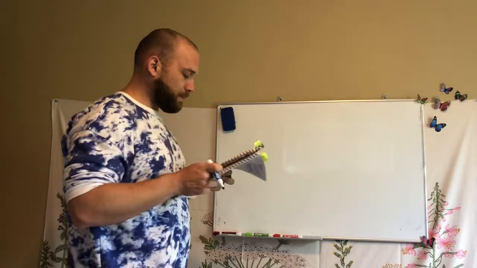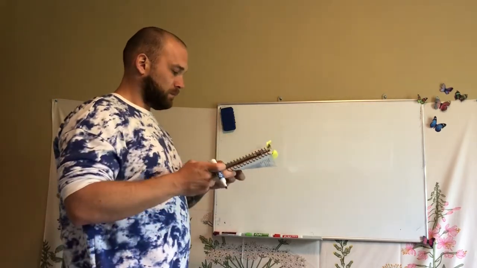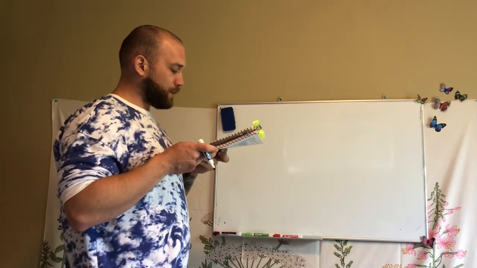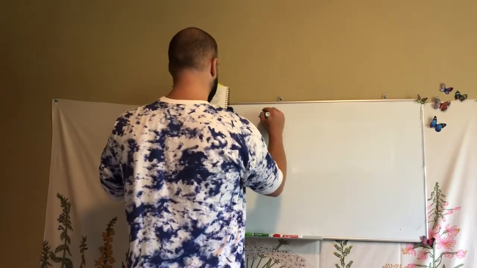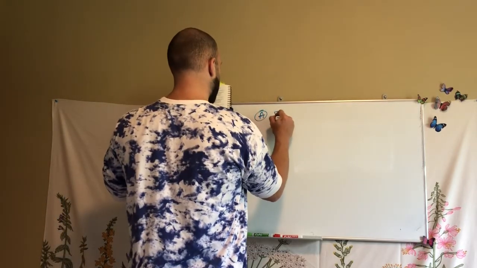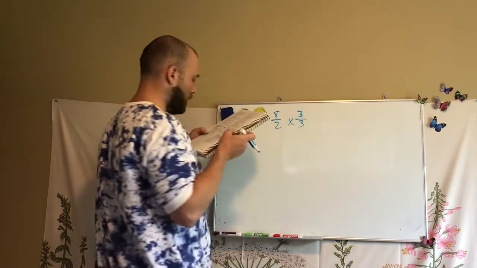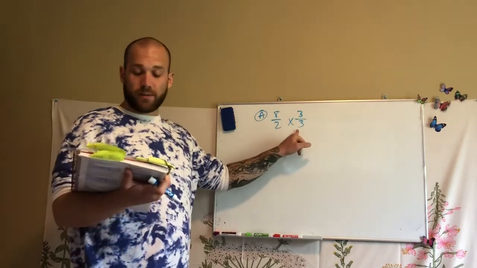All right, find part 3 in your textbook. Part 3 has 4 problems. Read problem A. A says 8/2 times 3/3. What fraction are you multiplying 8/2 by? 3/3.